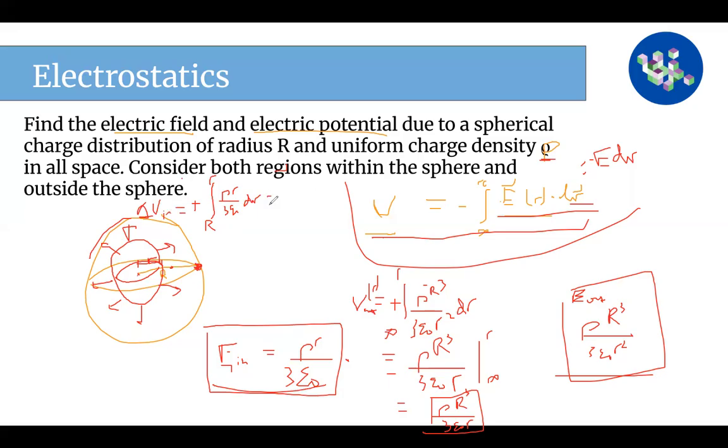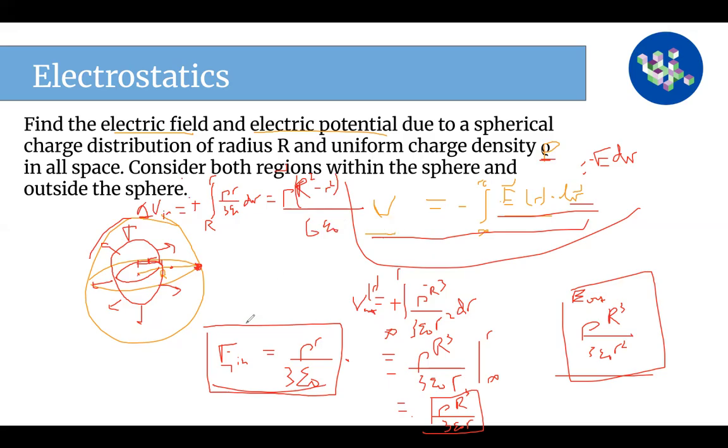And once you do the integral, you'll find it equals rho times big R squared minus small r squared over 6 epsilon 0. The sign really doesn't matter, but I'll keep it positive just to keep it consistent with what we had over here.